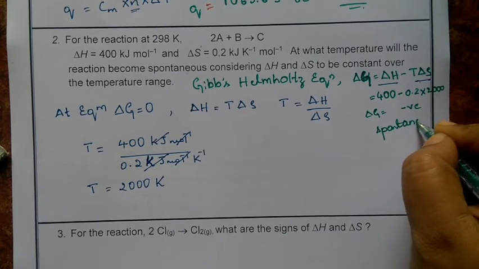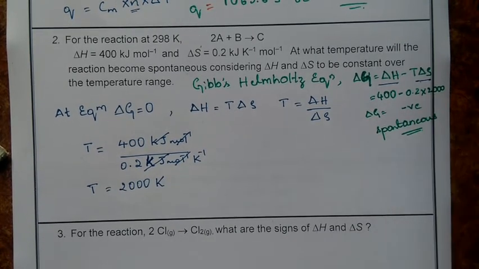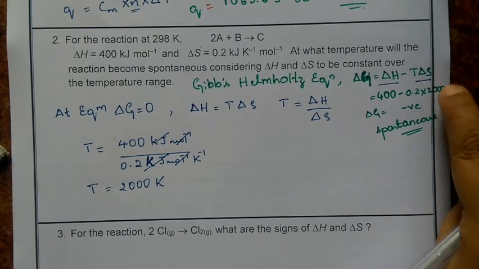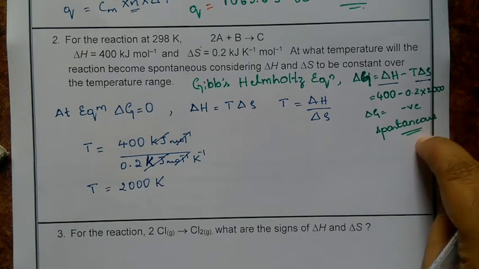We have a condition that delta G should be negative, then the reaction is spontaneous. Clear? So if the temperature is 2000, then the reaction is spontaneous.